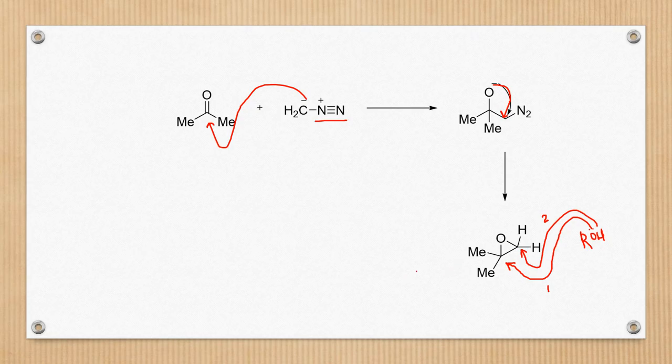See, if you break the epoxide ring from here, there is a positive charge at this carbon, which is a tertiary carbocation, right? But if you break the bond here, then you will end up with a positive charge at this carbon. So what is this? This is a primary carbocation.